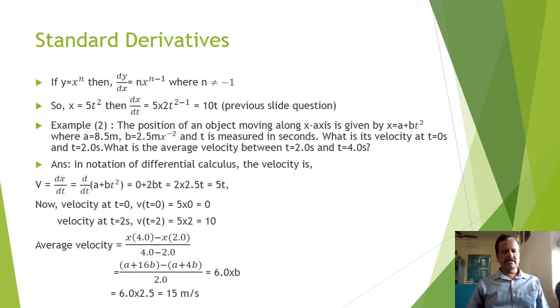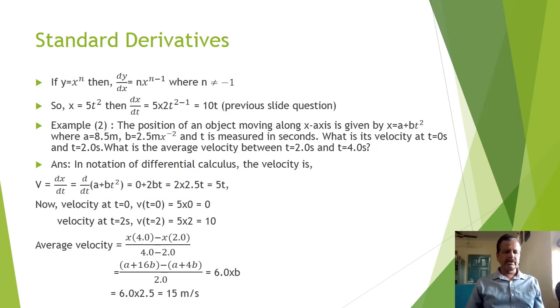Now let us take the example of x equal to 5t square, and here the value of n is 2. Therefore dx by dt gives you 5 into 2 into t raised to 2 minus 1, because n is 2. Therefore 5 into 2 becomes 10. 10 into t raised to 2 minus 1, so it becomes 10t. So when you put t equal to 3, it becomes 10 into 3, 30.